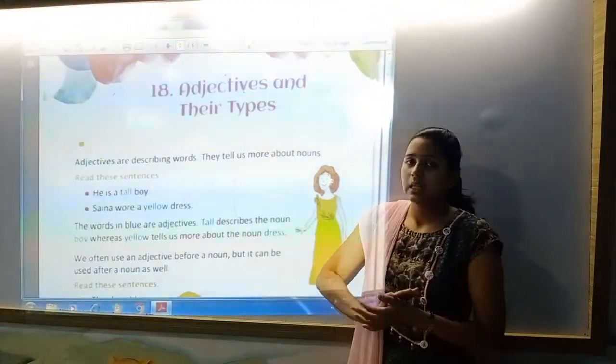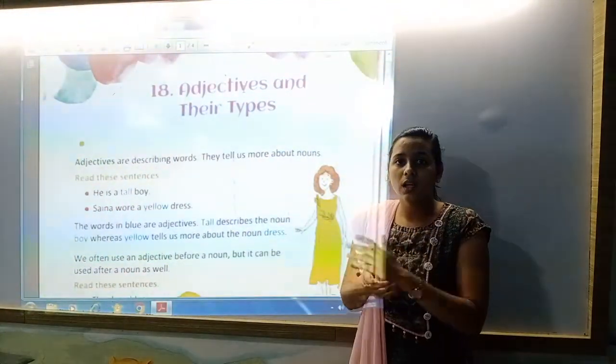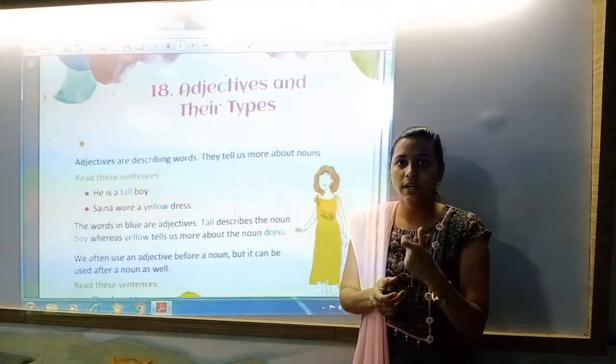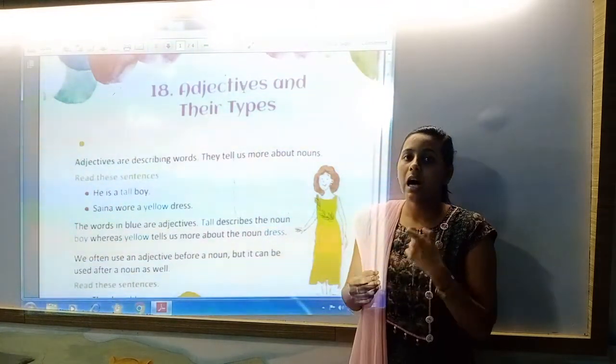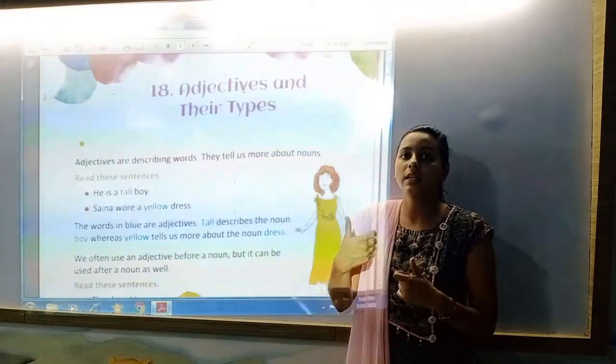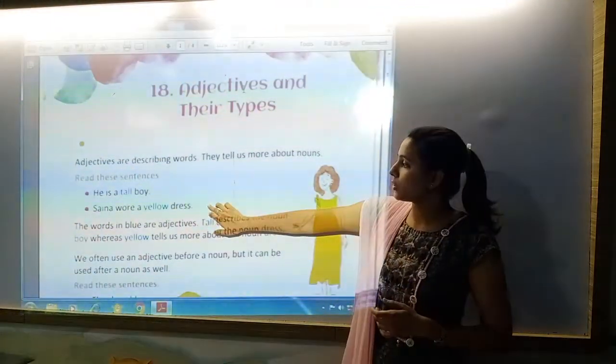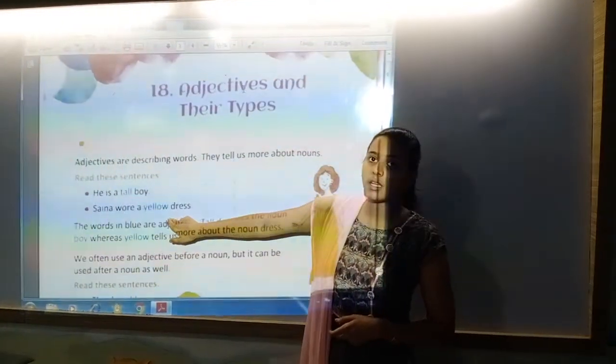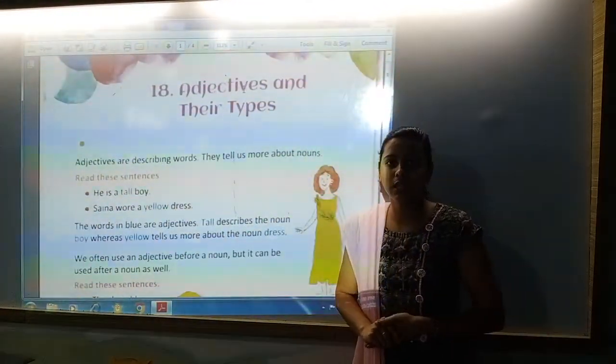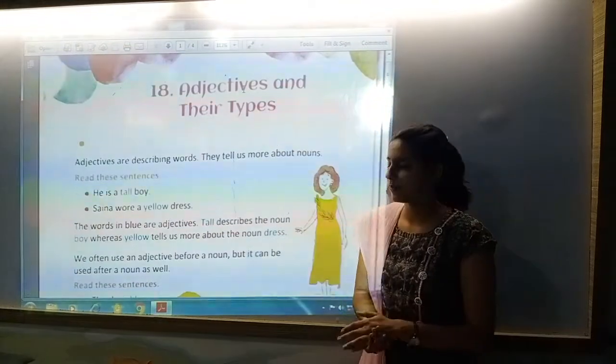Here, yellow. What is yellow? Dress is yellow. So dress is the noun. And how is the dress? Yellow. So yellow is the describing word for the dress. So here noun is dress and yellow is the describing word or adjective given for the dress.